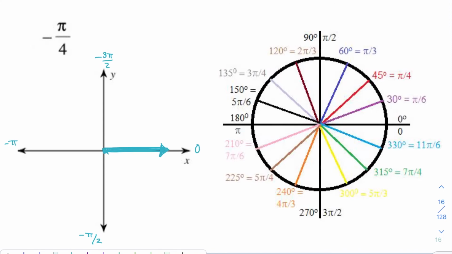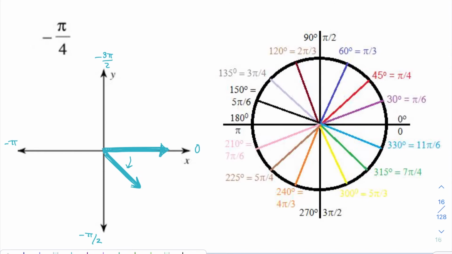I can think of, okay, halfway up is pi over 4, so negative pi over 4 is going to be halfway down. That's one way to do it: if this was positive, it would be here, but it's negative, so it's going to go this direction, but be just as much. Okay? The other way you could do it is by finding a coterminal angle.